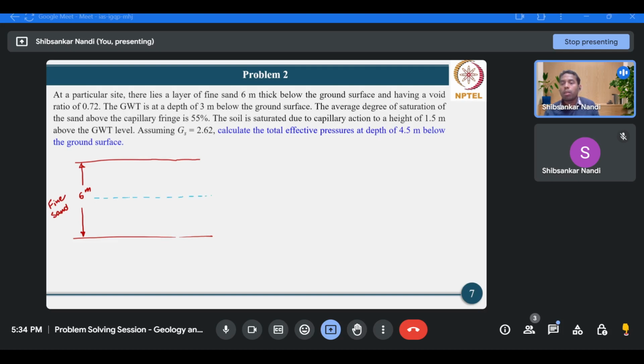So this is the water table location. Above this water table the capillary action is valid up to a height of 1.5 meter.